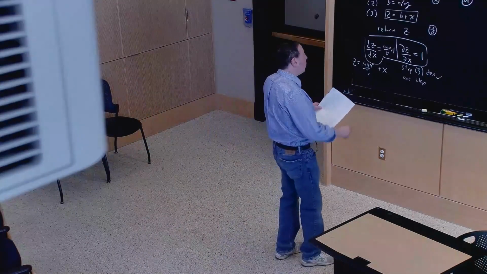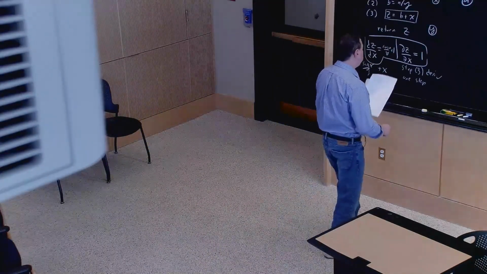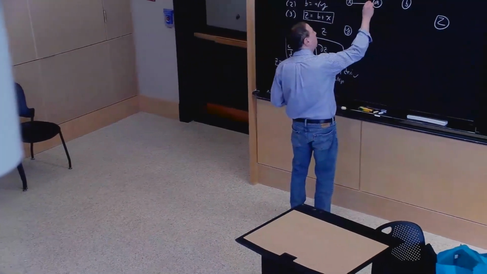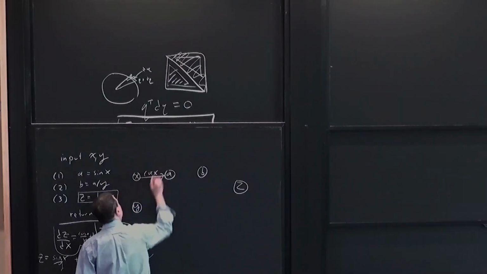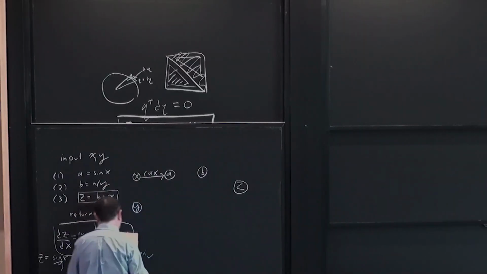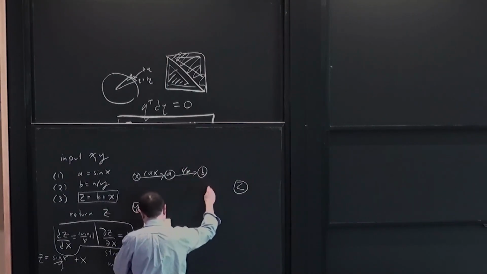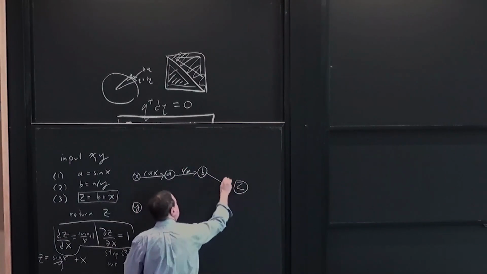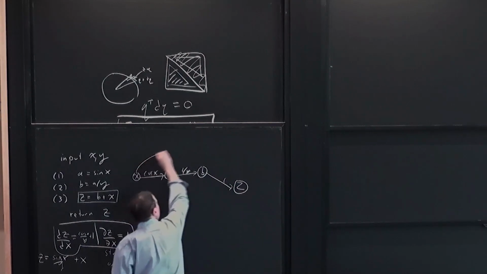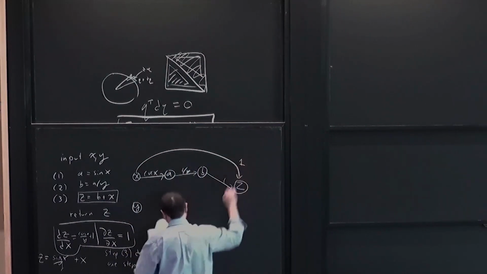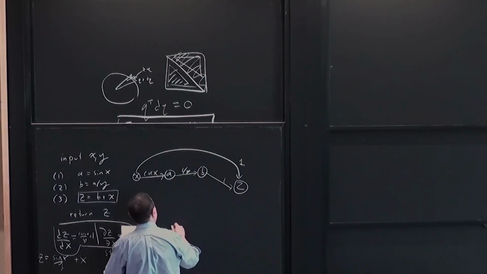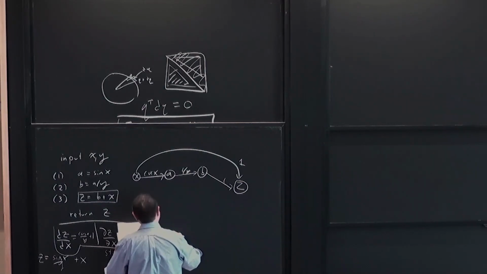And so what I'm going to put here are all the partials. I'm going to put down the cosine x, which is the derivative of a with respect to x, and the 1 over y goes here. And there's a 1 that goes here, but there's also a 1 coming from here. And let's see, what else did we have?